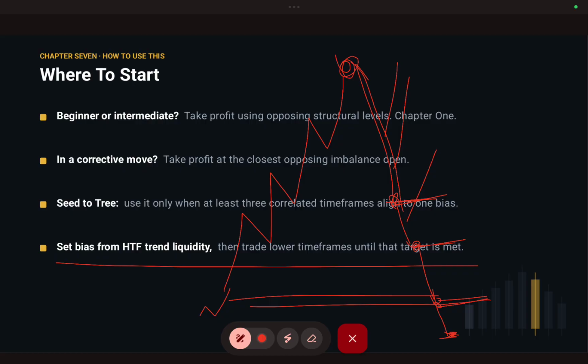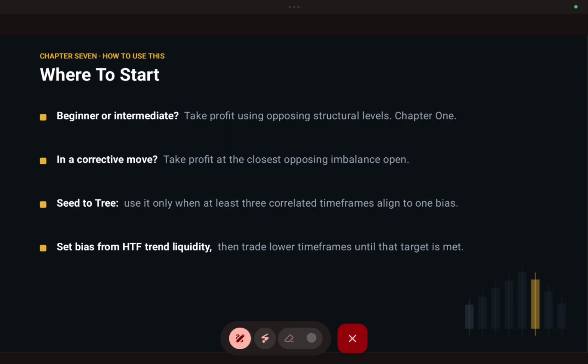So don't try looking for buy trades from here. Don't try to reverse the market. Wait until price takes out this high, or at least comes down to this low and mitigates it, or at least takes an imbalance open on that higher time frame. So you can use this to set your bias.